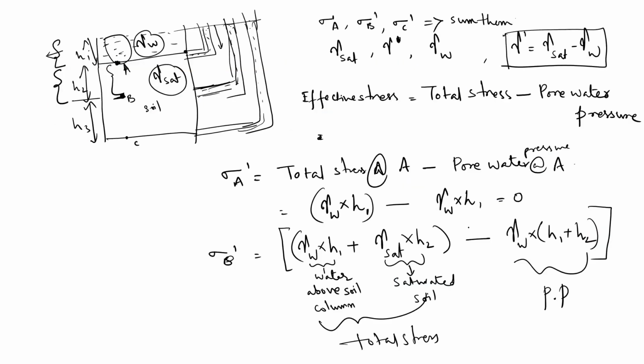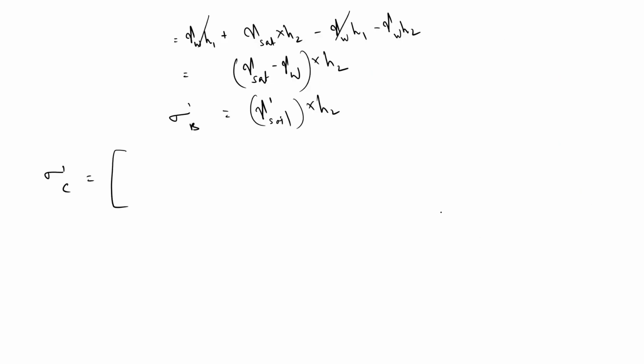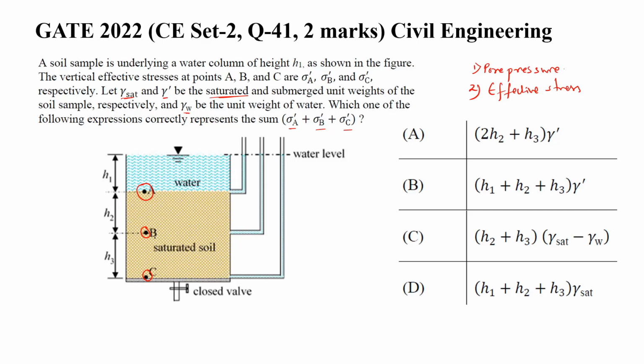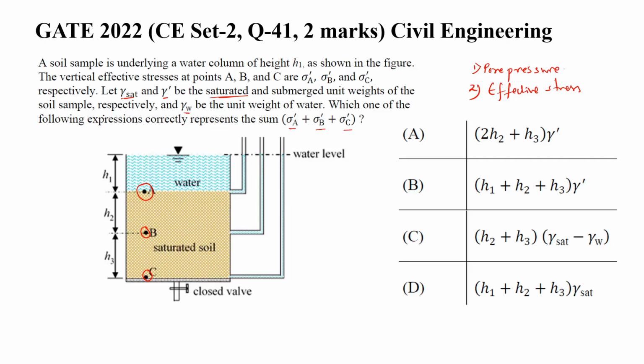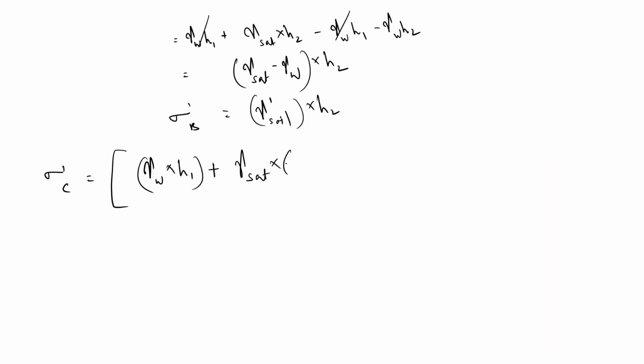Now above C, gamma W into H1 plus gamma sat into H2 plus H3. So this is the total stress above C minus pore water pressure, gamma W into H1 plus H2 plus H3.